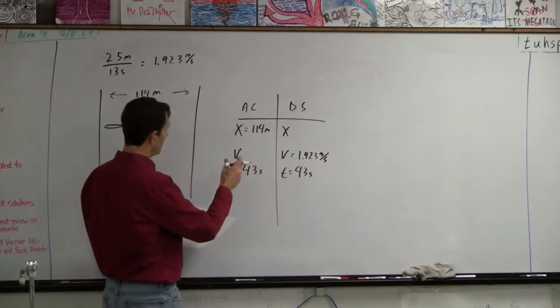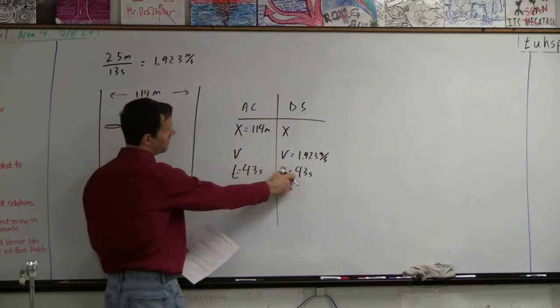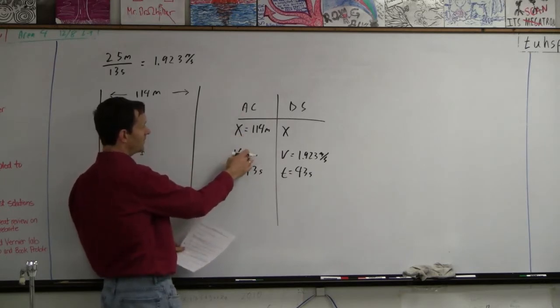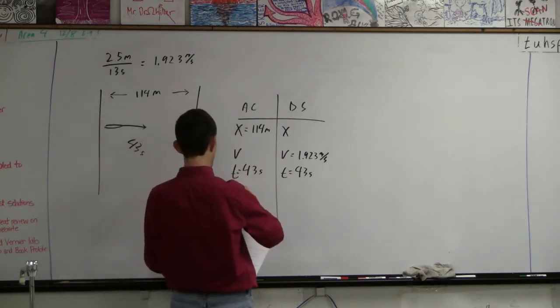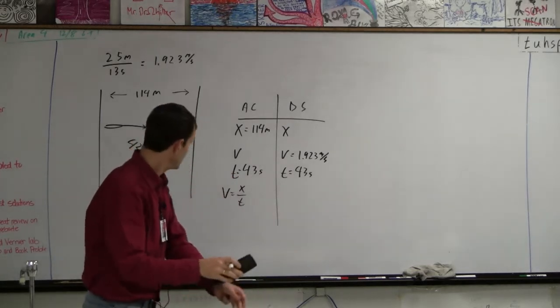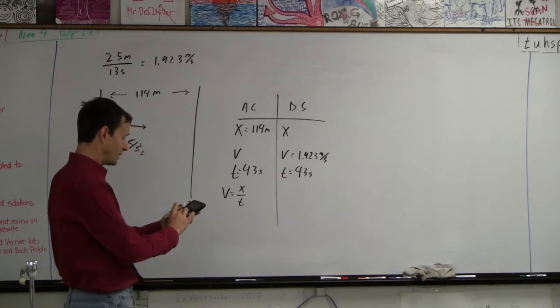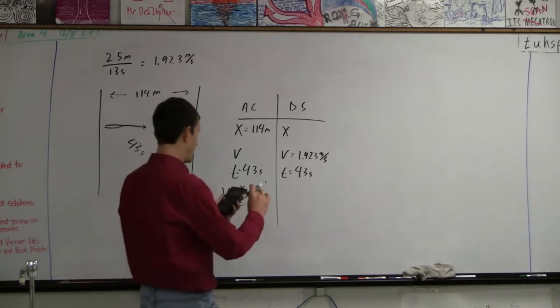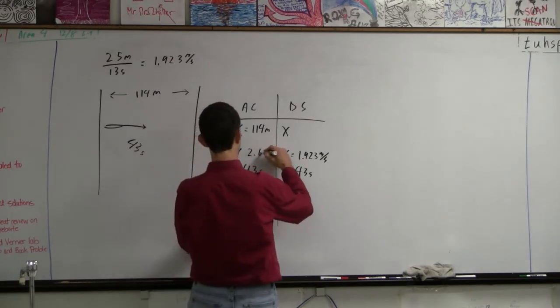Basically, since they tell us the time, we can actually solve this independently, but that's what you do. You just throw it in there. I can find this velocity by using v is x over t, so it's 114 divided by 43, 2.651 meters per second.